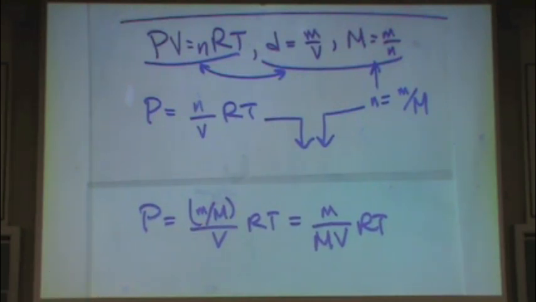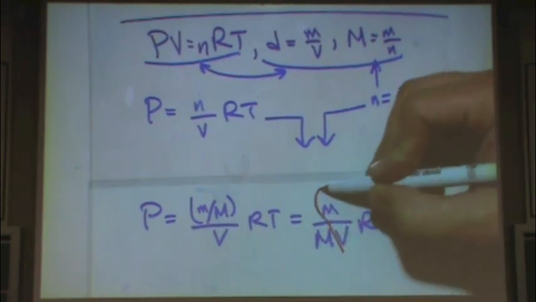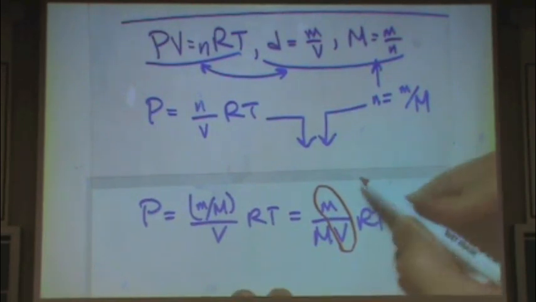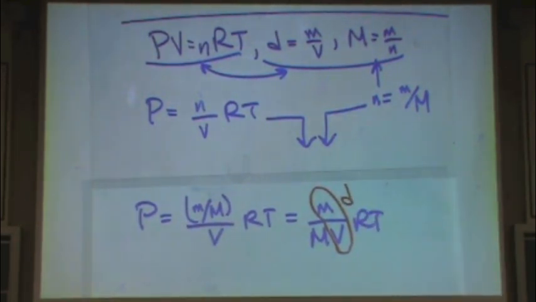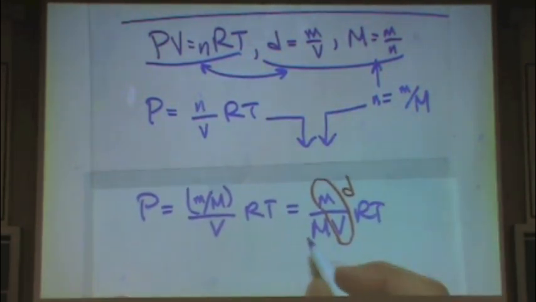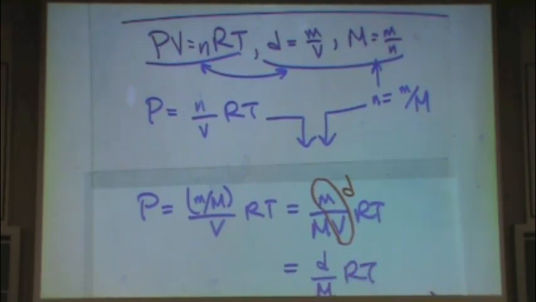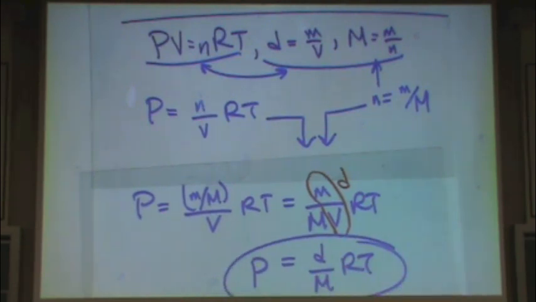And then I can simplify however I feel like. But you might notice that I have this right here, this mass over volume, that's density. So that's really easy. Another simplification, if I wanted to get density in there as well, RT. And so now I have pressure equals density divided by M, RT. That's an easy variation.